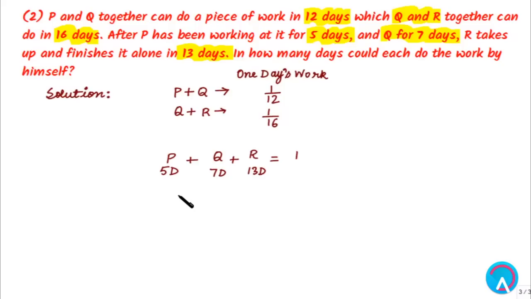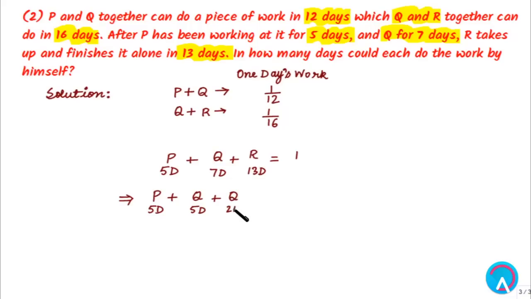So we can split it here. This implies that P's 5 days work plus, so here we can split Q's work. So Q's 7 days can be split as 5 days plus Q's 2 days.